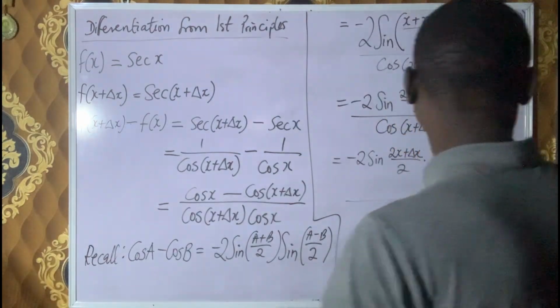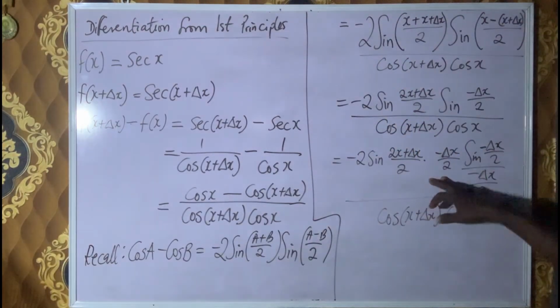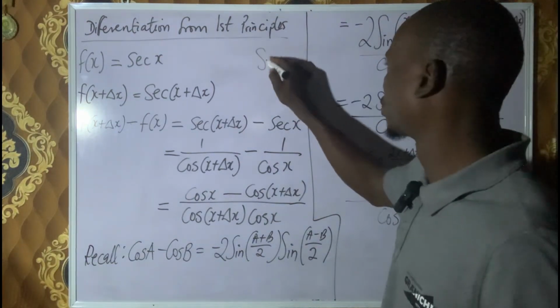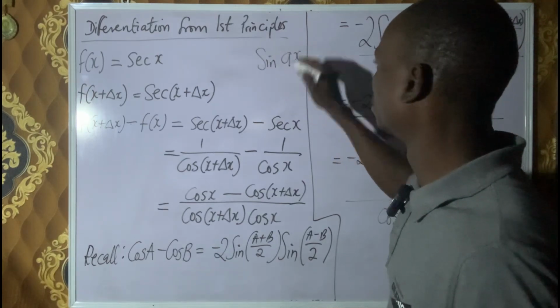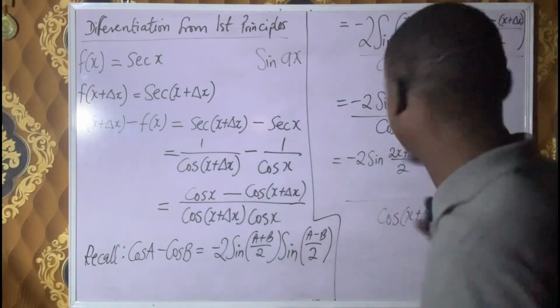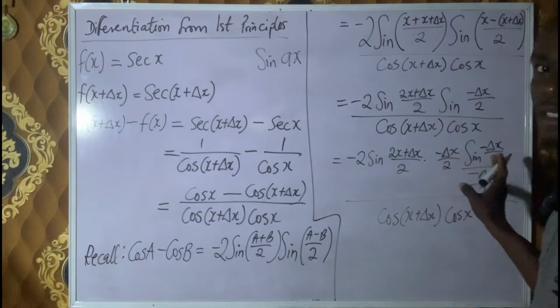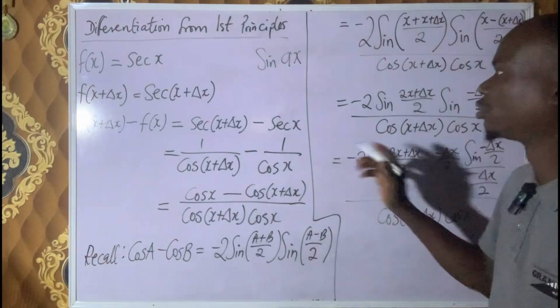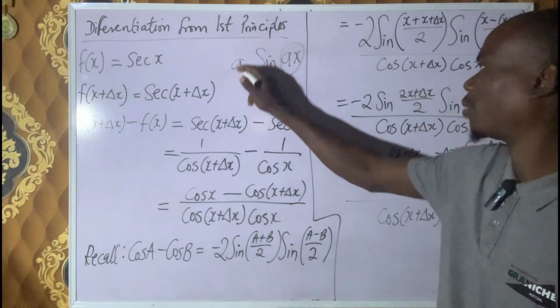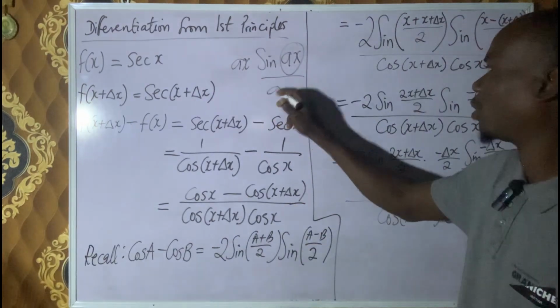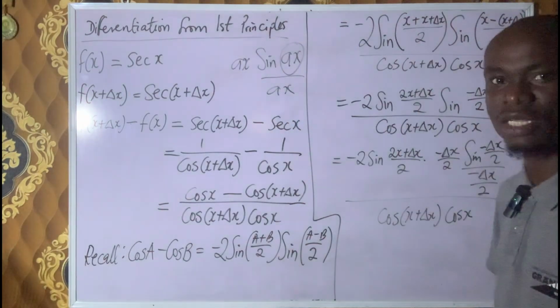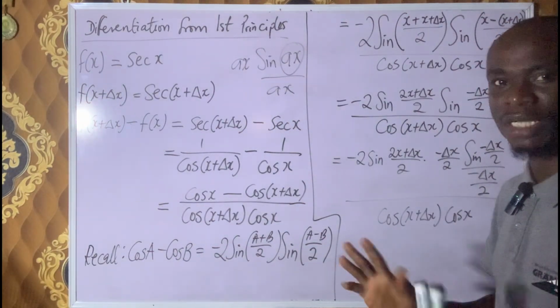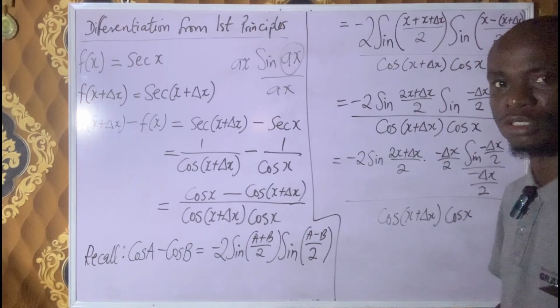If you are used to this principle of making sine a special limit, this step will not be an issue. Anytime I say make this a special limit, all you need to do is multiply by what you have, and divide by what you have. It becomes a special limit. Every other thing remains in its position.